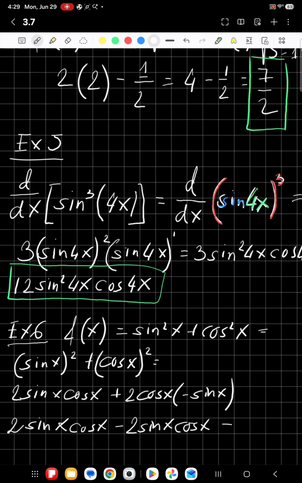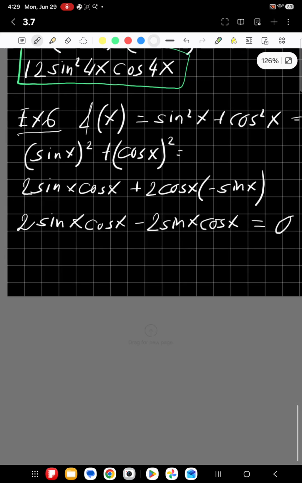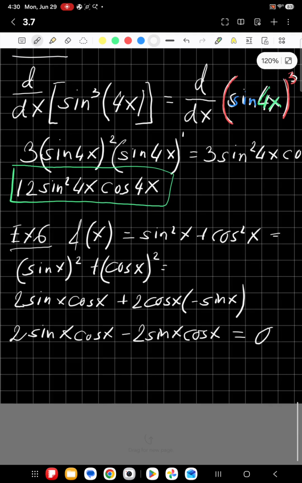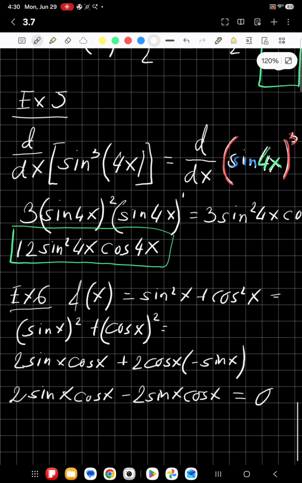All right, so we get 0. But you guys already knew that. Well, why is the derivative of this equal to 0? Well, sine square plus cosine square is just 1, so if this is 1, the derivative of 1, which is a constant, is 0.